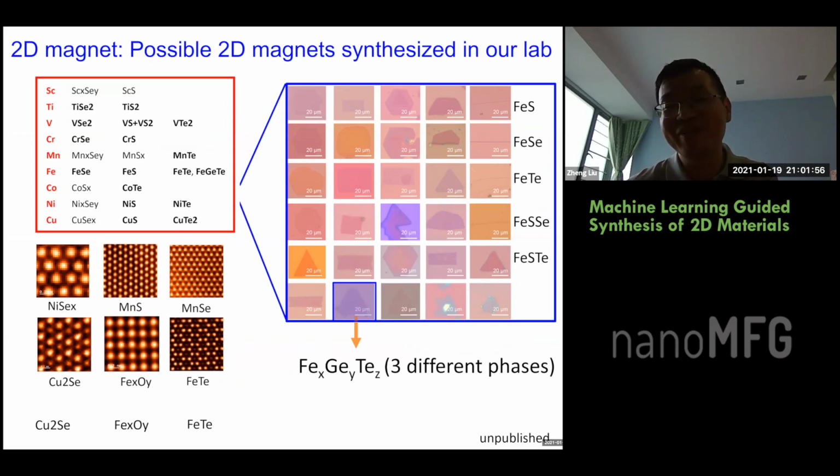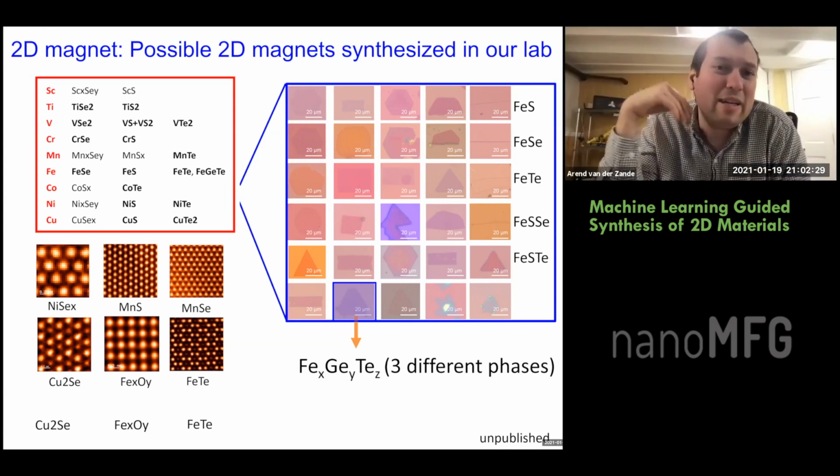We always ask our theoretical collaborators which one they believe might have a unique property or good performance in terms of electronics or catalysis. Once we get some feedback from our collaborators, we focus on the specific materials. We try to make them even larger and increase the quality. So this is our strategy.